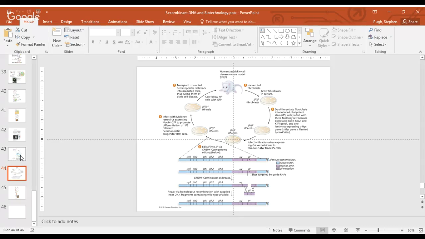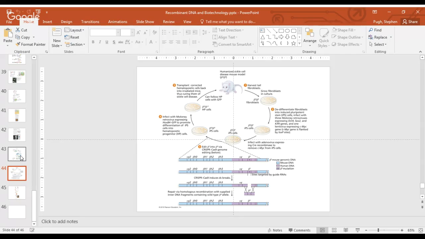So they use these mice that have sickle cell disease, and they isolate certain cells, grow them in culture, and those cells, again, contain the sickle cell genes, and they manipulate them so that they can become stem cells. Stem cells are cells that can then develop into any potential kind of cell.